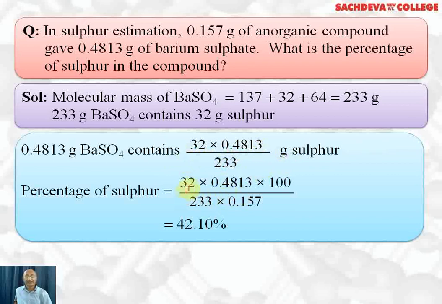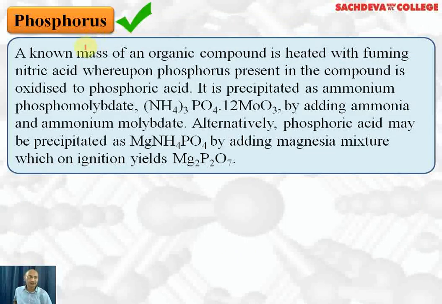To find the percentage, 32 into 0.4813 into 100 divided by 233 into 0.157, which is the mass of organic compound given. The percentage will come out to be 42.10%.